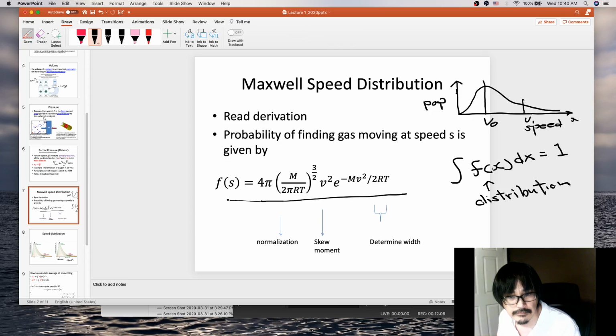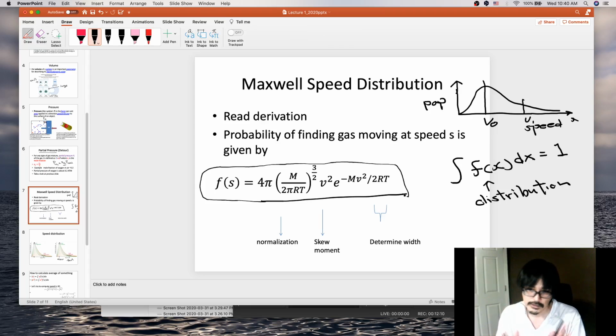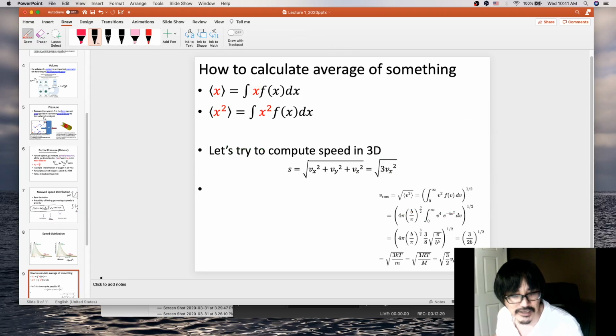Another thing that I should probably mention is that some of the stuff we talked about in PChem actually comes from this distribution. It's called the Maxwell-Boltzmann speed distribution, and that's why it's important. We're going to use that formula to derive the ideal gas law.